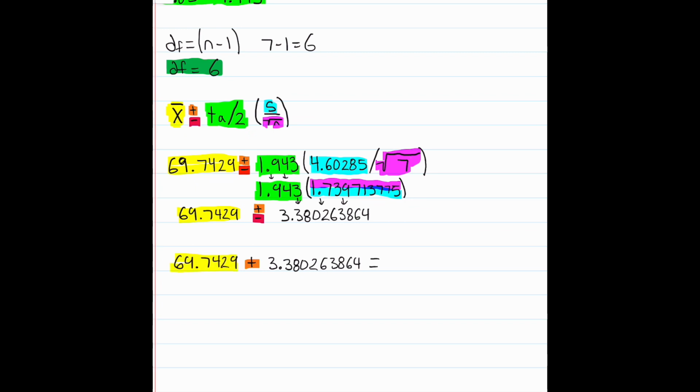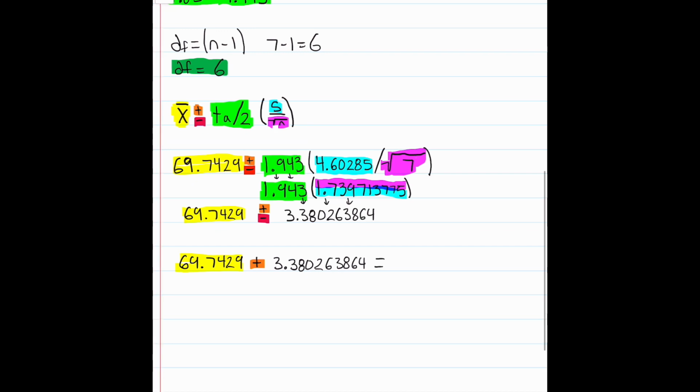And that is going to be the number we're going to add to and subtract from our x bar, which is 69.7429. And so we're going to start off by doing the addition first. Just put that in your calculator, and that is going to give us 73.12316. And then we're going to do the same thing, but we're going to subtract this one.